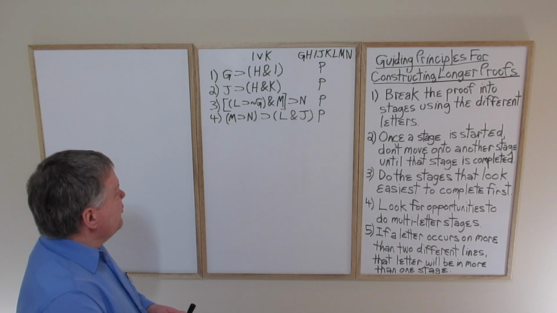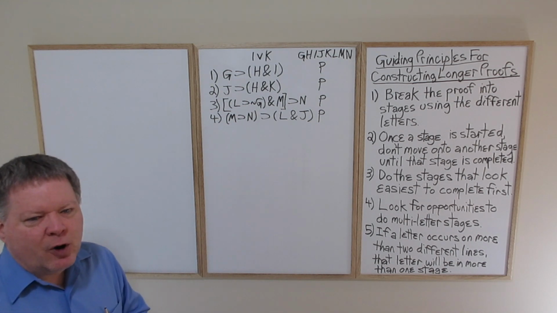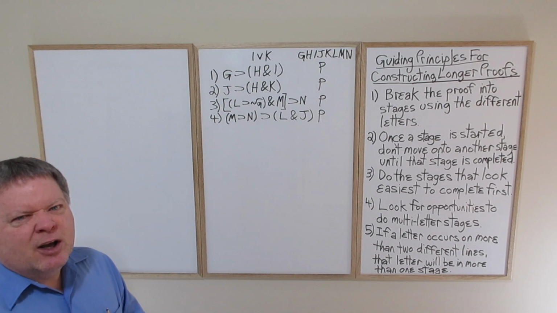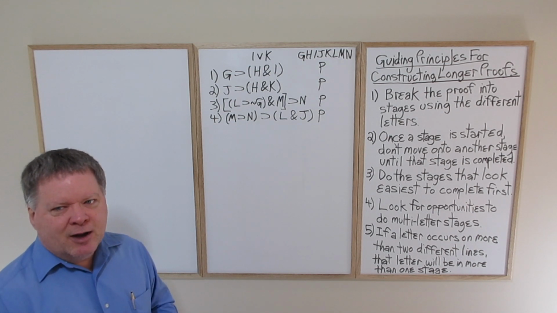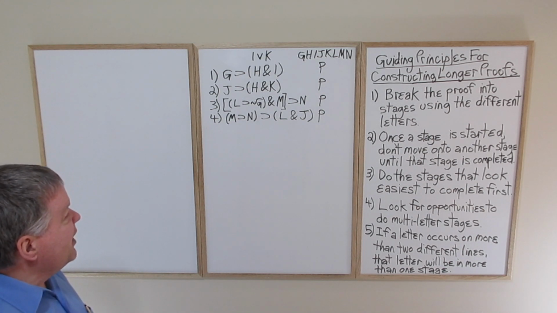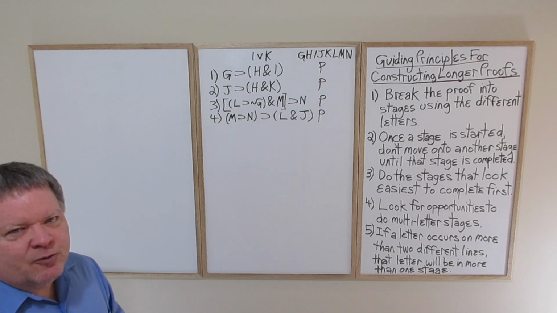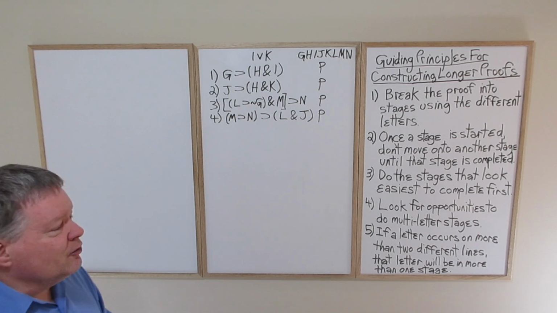With a proof like this, it's not exactly clear how we're supposed to start it. You need to be familiar with the rules. You need to have done a fair number of proof construction questions so that you can begin to think about the information you're analyzing in terms of those rules.